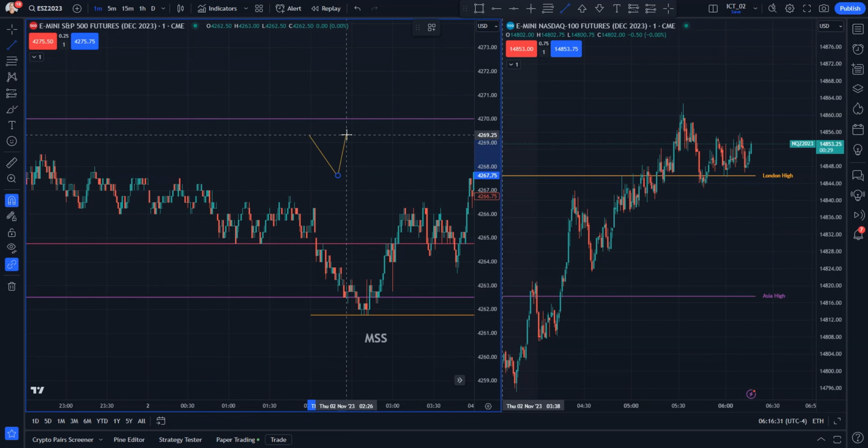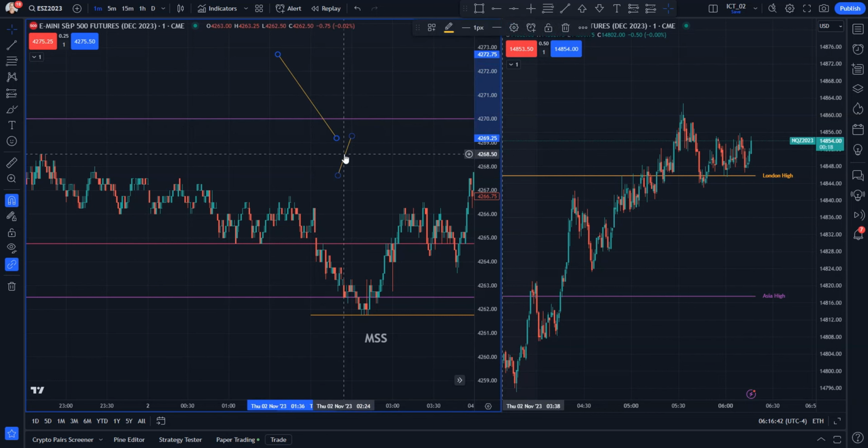Let's say I'm going to extend this one. Let's use this label here, this purple line, as a sweep.